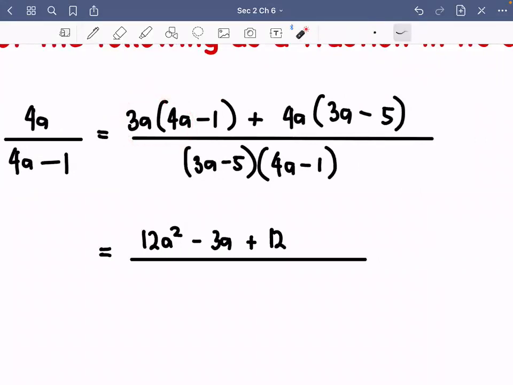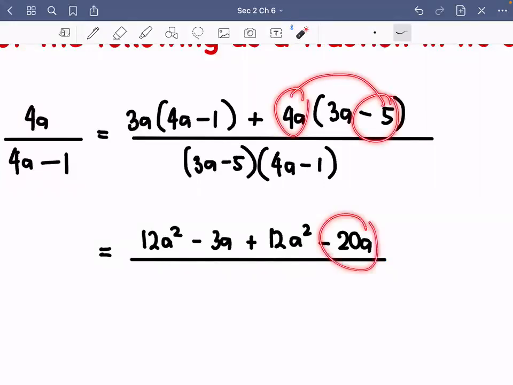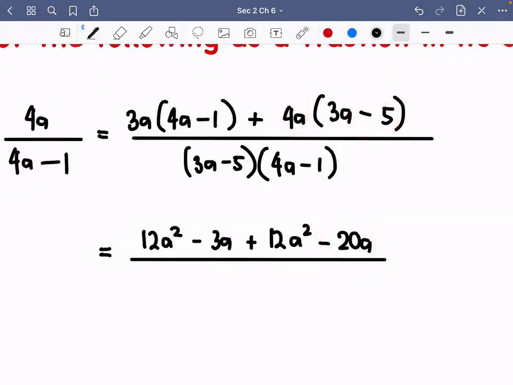And then this and this gives you 12a squared again, and then minus 20a, since 5 times 4a gives you negative 20a. And then I'll write the denominator again: 3a minus 5 over 4a minus 1.